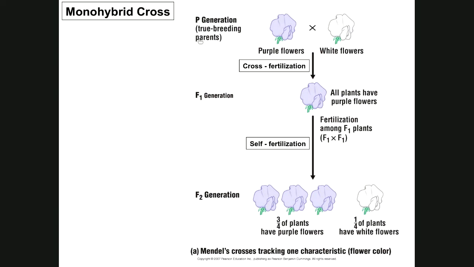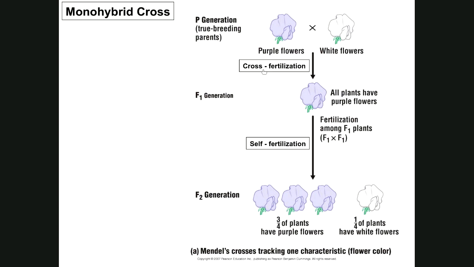He took these two separate true breeds that differed in the trait flower color. One was a true breed for purple flowers, the other was a true breed for white. These two plants made up his P generation, the parent generation. And then he took the pollen from one plant and used it to fertilize the eggs in the carpel of the other plant through a process called cross-fertilization. He did this several times over.